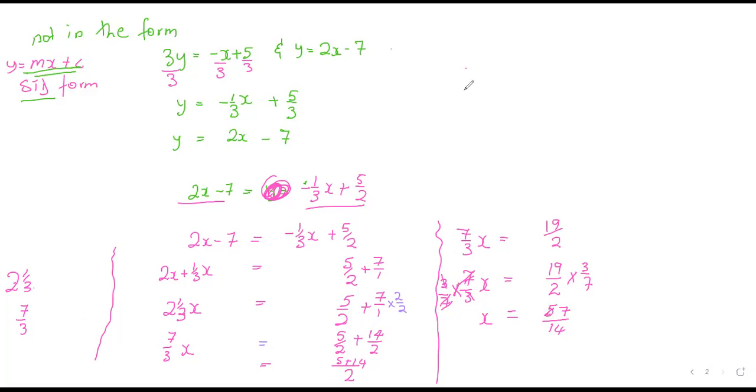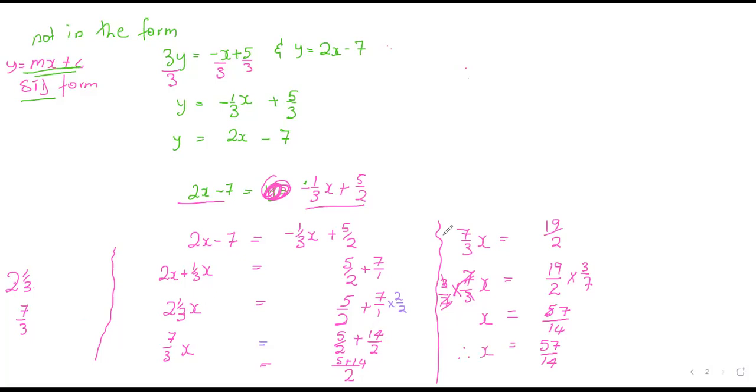This will be 50. That will be 57. That will be 57 over 14.